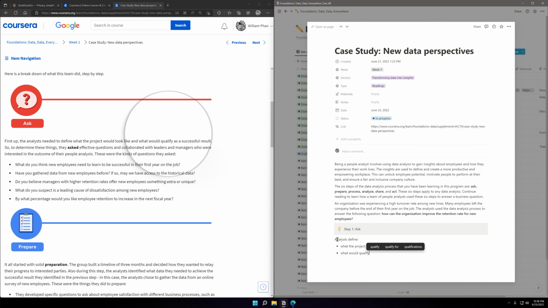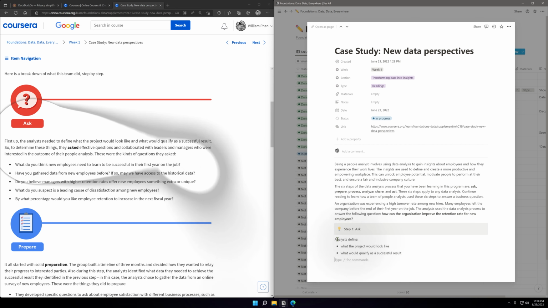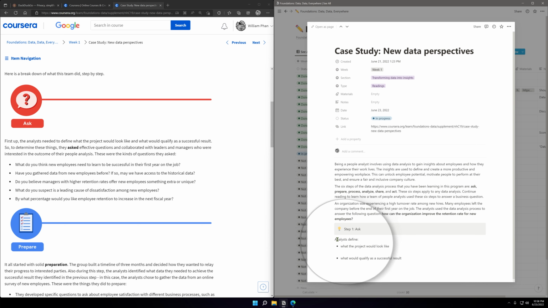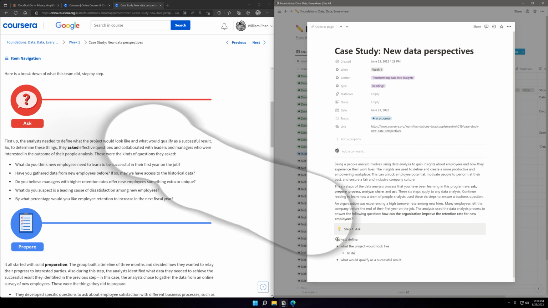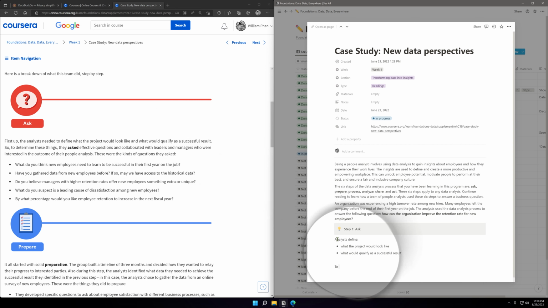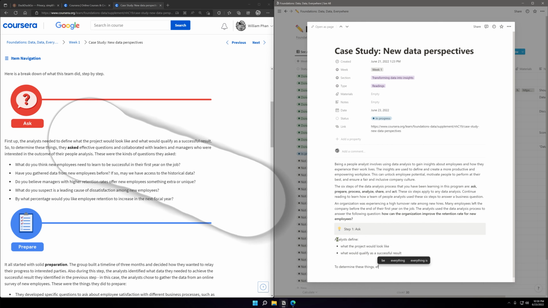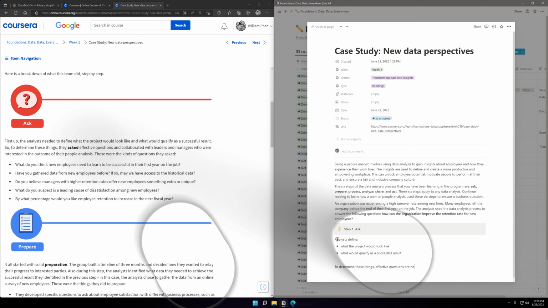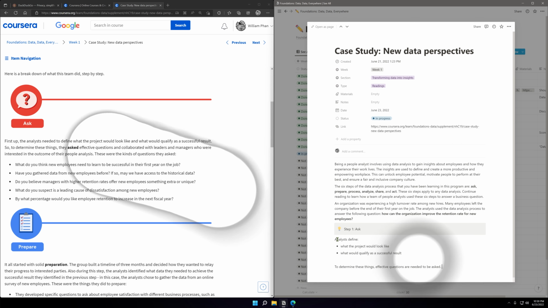What would qualify as a successful result? Determine these things. Key questions need to be asked.